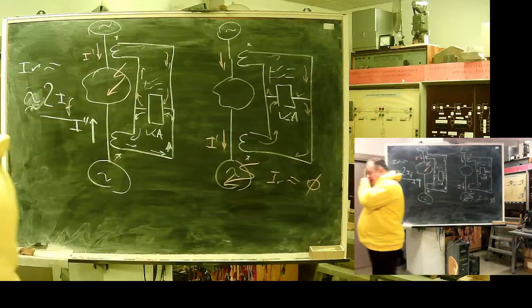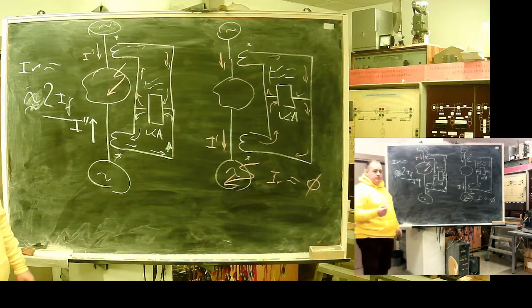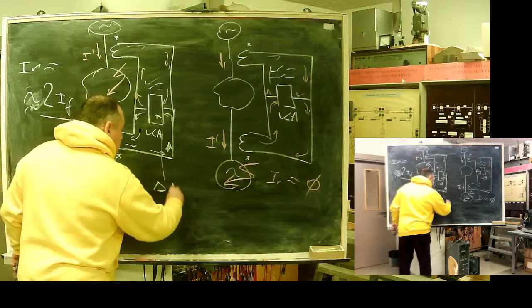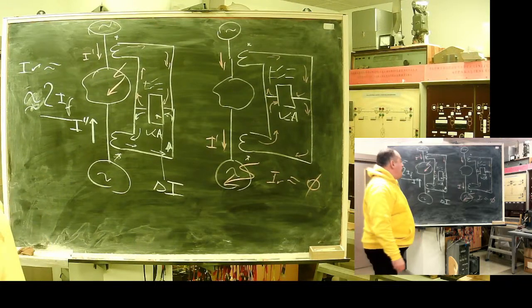One of the ways of developing such protection is differential. These protections are called differential because key elements operate on current difference. In English terminology, they are often called pilot wire protection.